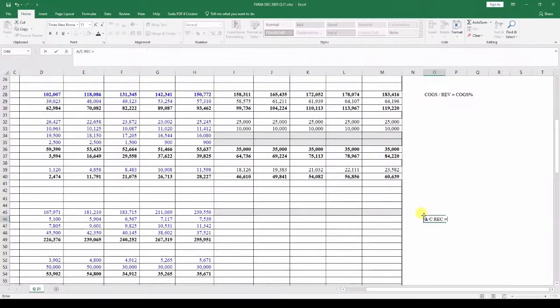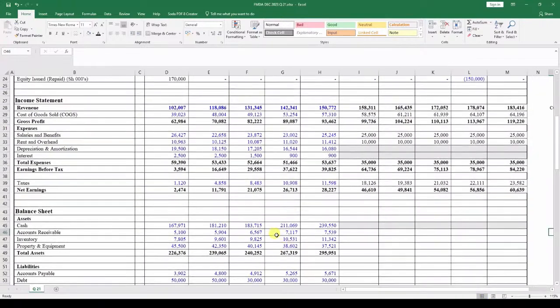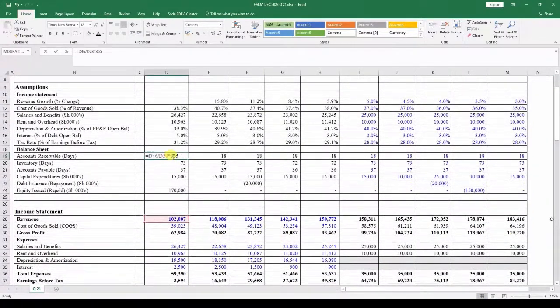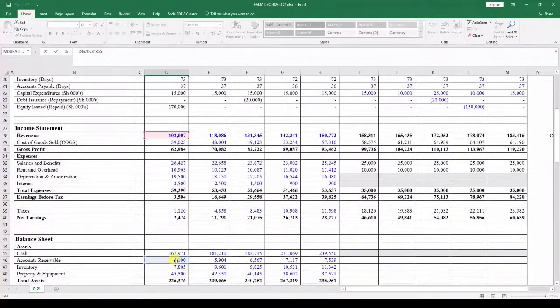We'll pick the revenue, because we already have the accounts receivable days. Let me just tell you what you're going to do, because the formula is given to us right over here. We are saying we're going to get the accounts receivable over the revenue times 365.